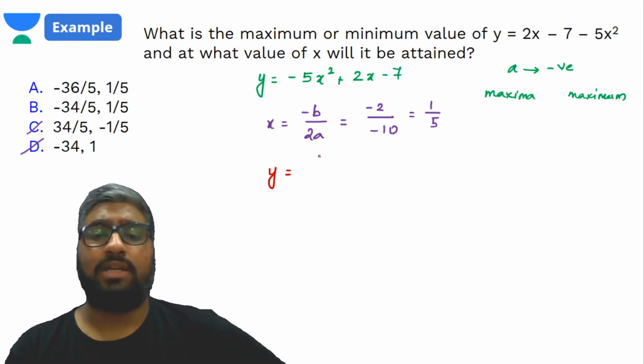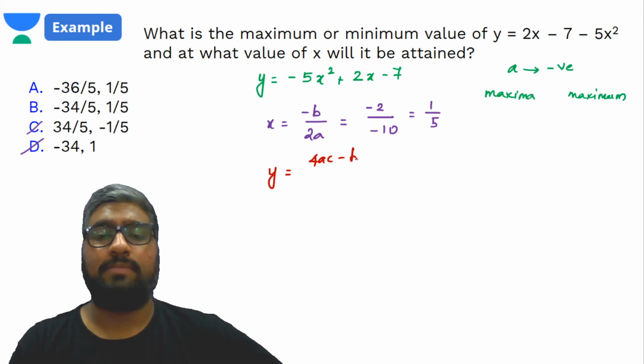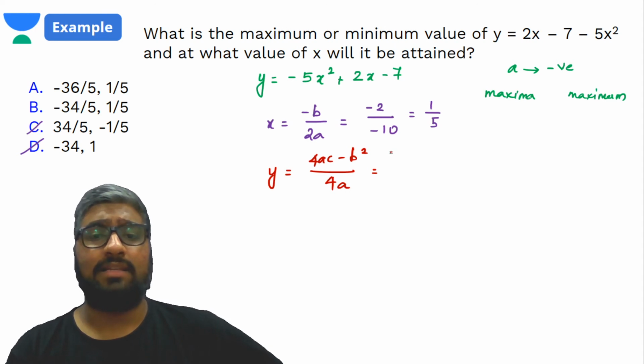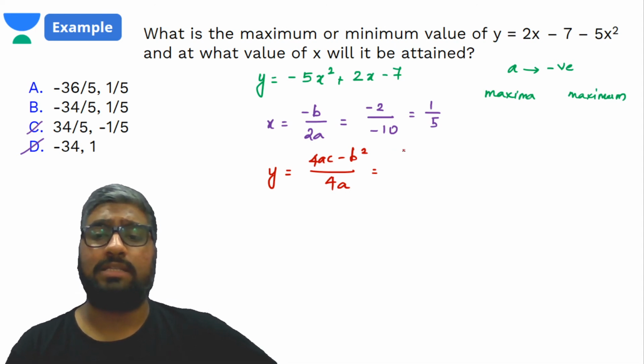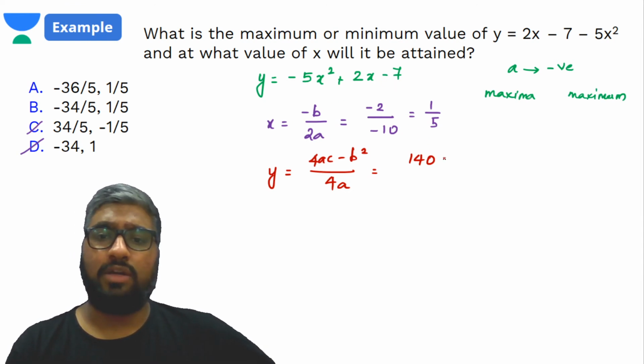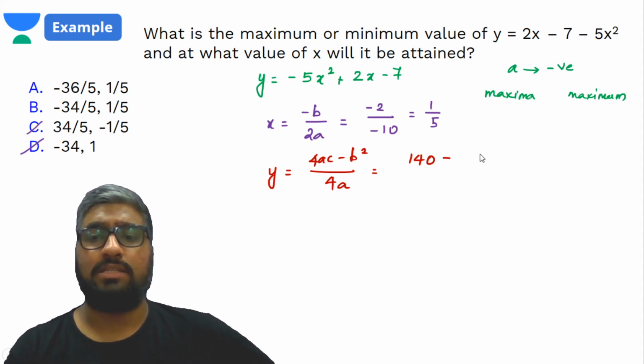So what is y? y is 4ac minus b squared over 4a, which is what? 4 times ac, that is 35 times 4, which is 140. It would be positive, right? Minus minus plus. 140 minus b squared, which is 2 squared, that's 4, over 4 times a, that is minus 20.